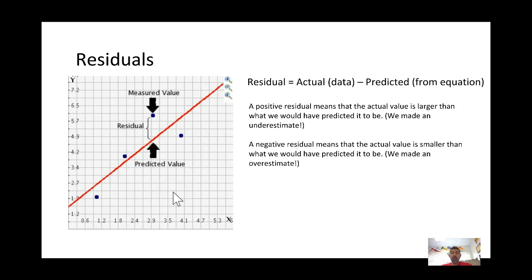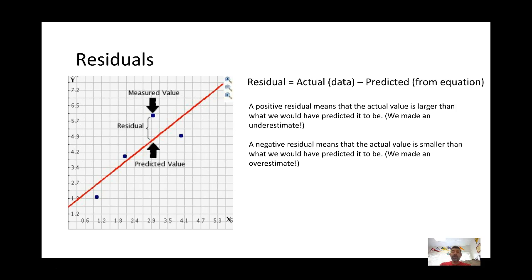So a residual is the difference between the predicted value, which is the value that's going to be on our line from a regression equation. So I'm going to take a value, plug it into my formula, my model, and get my predicted value. Now that predicted value is going to be right around right there. Then I'm going to take my measured or actual value that I found in my data and subtract my predicted value from my actual value.